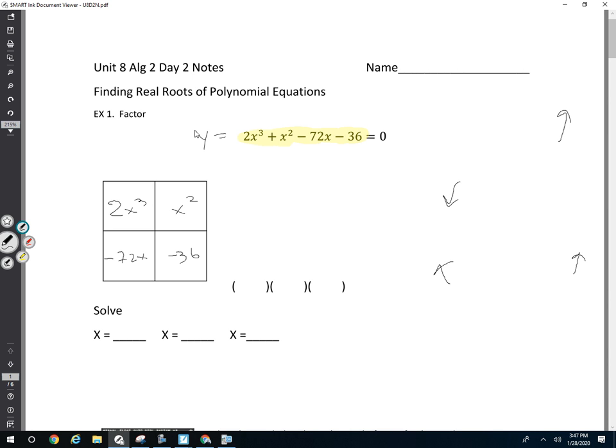Here we go. Let's factor 2x cubed plus x squared minus 72x minus 36. 2x cubed and negative 72x, what do they share? x squared and 36, what do they share?